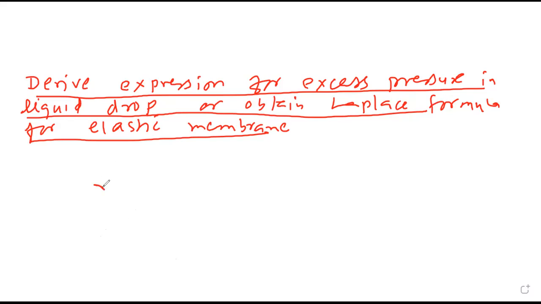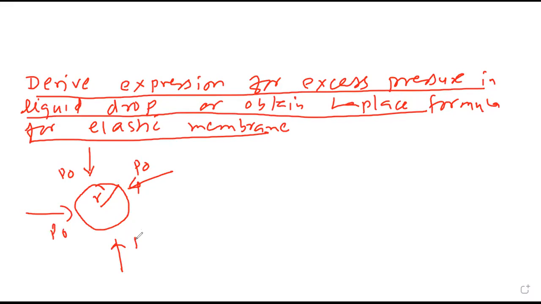So if we consider a spherical drop of radius r having atmospheric pressure P naught acting on it, and the internal pressure is Pi, then Pi minus P naught will be the excess pressure.